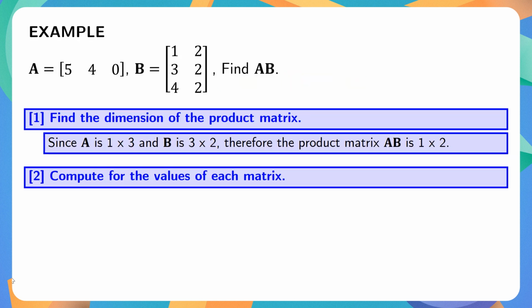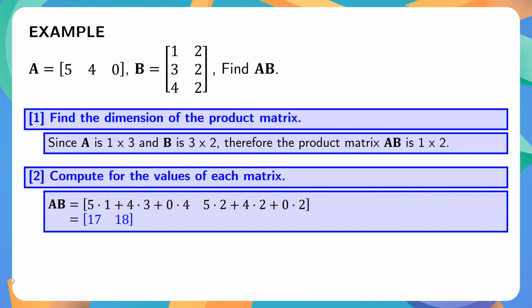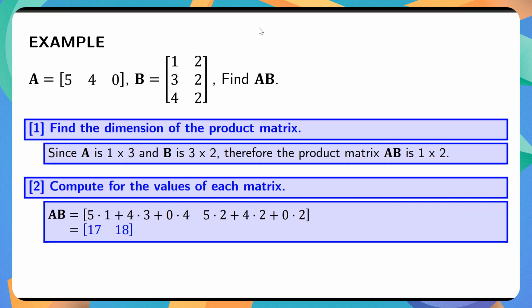So next, we compute the values of each element. What we basically do here is follow the formula shown earlier, which denotes the formula to find the elements in the product matrix. First we have 5 times 1, added to 4 times 3, and then 0 times 4.